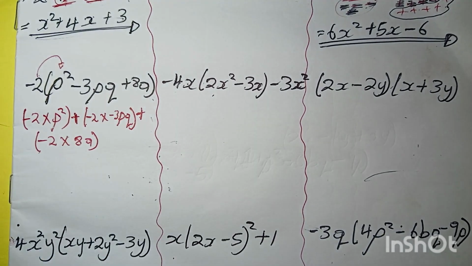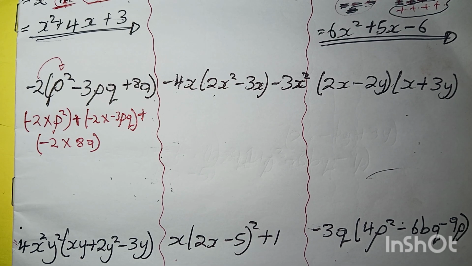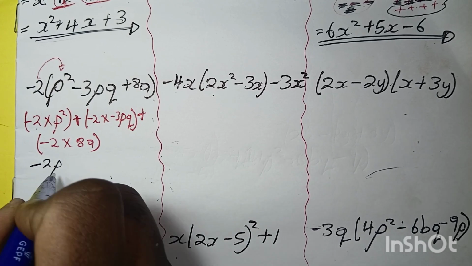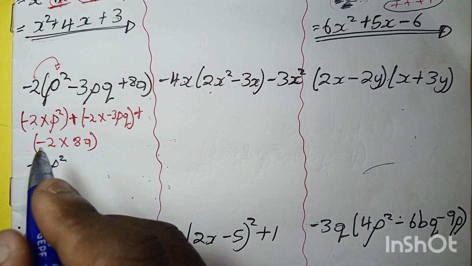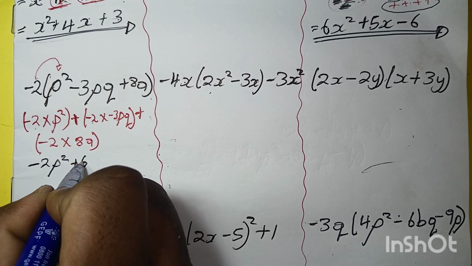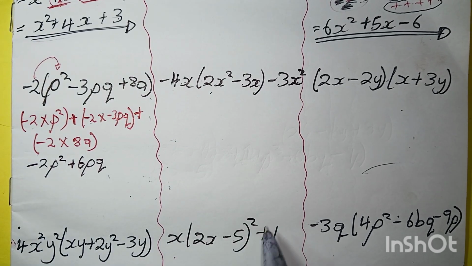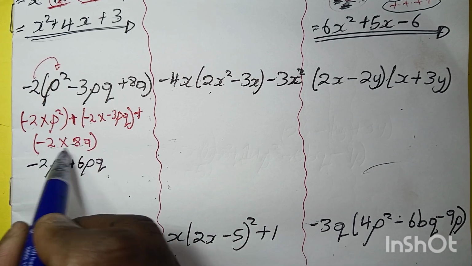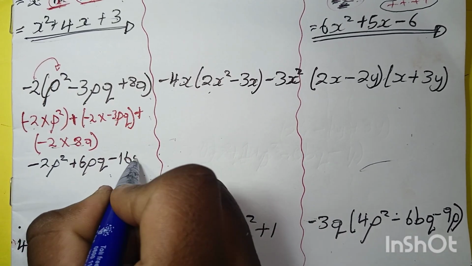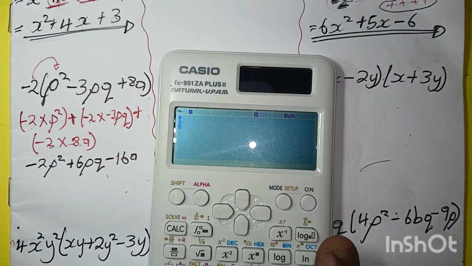You see? Yeah. So now these will multiply each other. Different signs give us negative 2p. Do you see? But same signs give us what? Positive 6pq. Do you see? And now different signs give us what? Negative 16a.